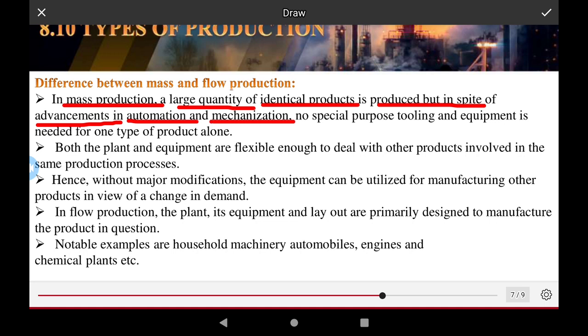No special purpose tooling is required, as the need is for one type of product alone. This is the mass production system.